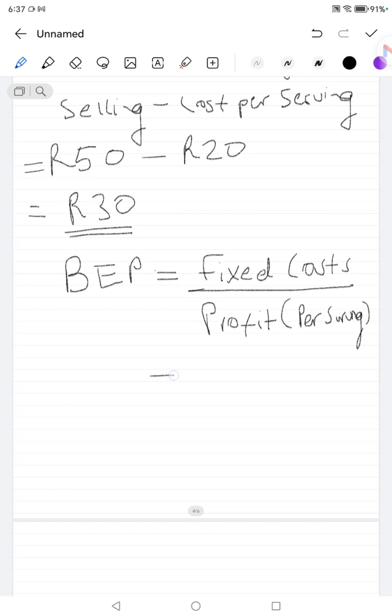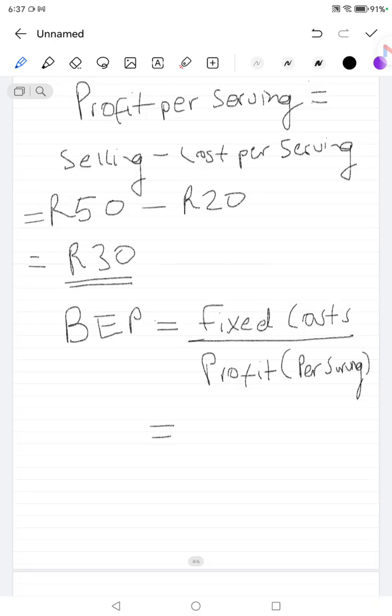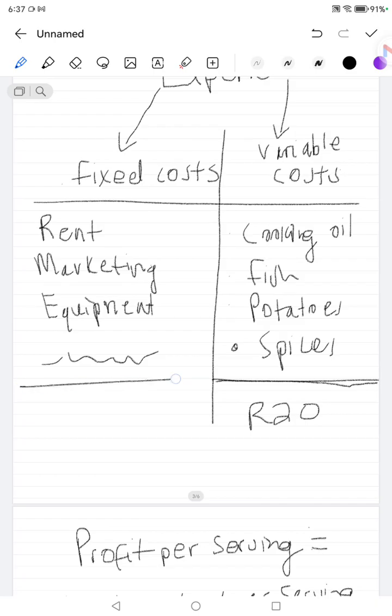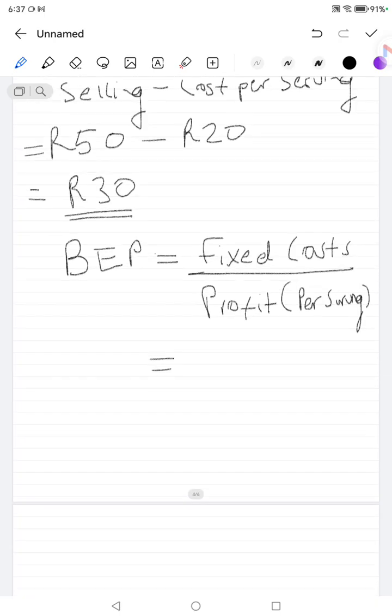Then you go and check, okay, what are your fixed costs giving you? Let's just say overall, your fixed costs are giving you, let's just say it's 10k. I'm just thinking of 10k for McDonald's.